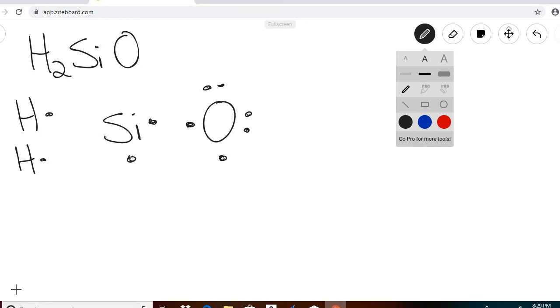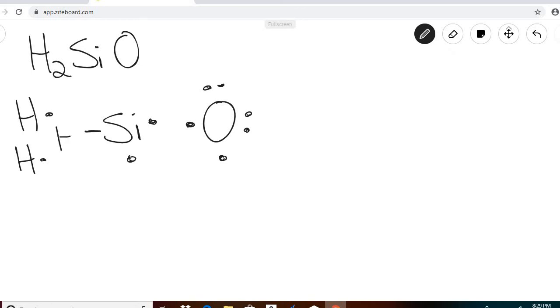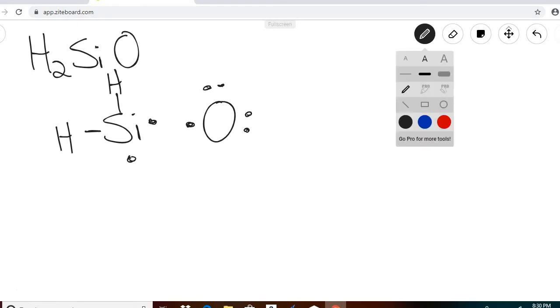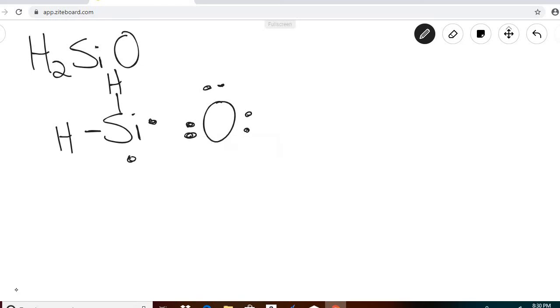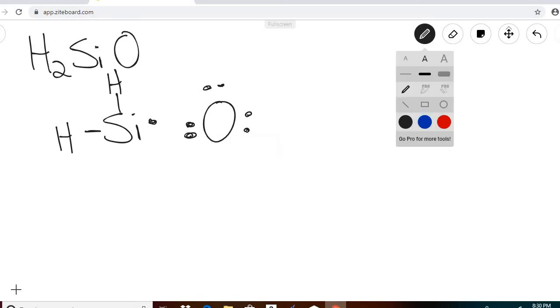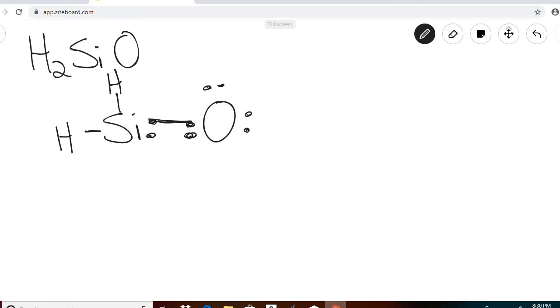So we'll make a bond with one of the hydrogens and make another bond with the other hydrogen there. So now that leaves us with 2 unpaired electrons on silicon and 2 on the oxygen. So if we move those into the center on each one of the atoms, then we can pair those. So that's what the Lewis structure would look like.